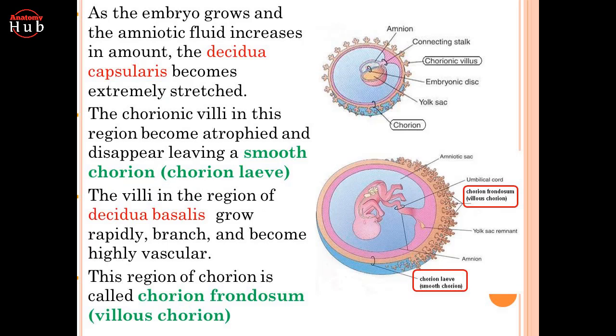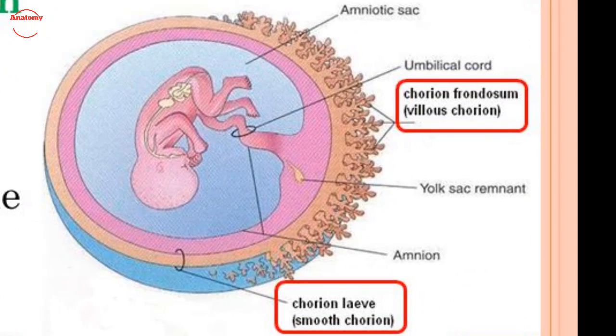Towards the end of the second week, the cytotrophoblast starts proliferating, and these proliferations form column-like structures, the primary chorionic villus. Subsequently, it is invaded by the mesoderm, known as the somatic layer of the extraembryonic mesoderm, to be called the secondary chorionic villus. Soon, within the mesodermal core, fetal capillaries appear, which is referred to as a tertiary chorionic villus.